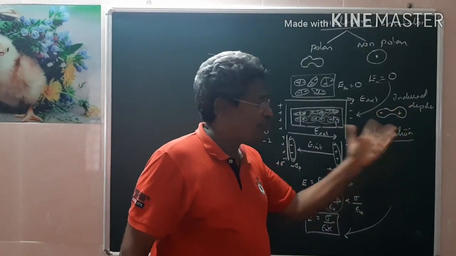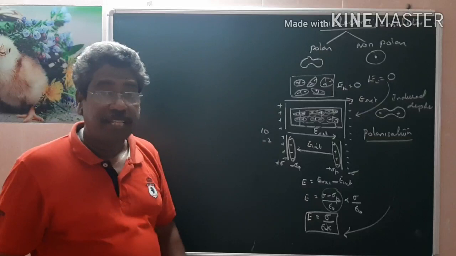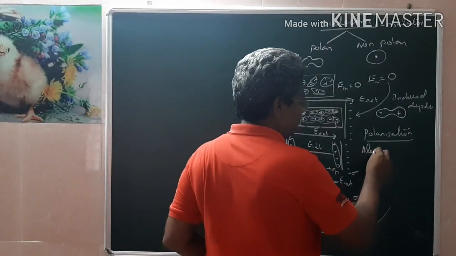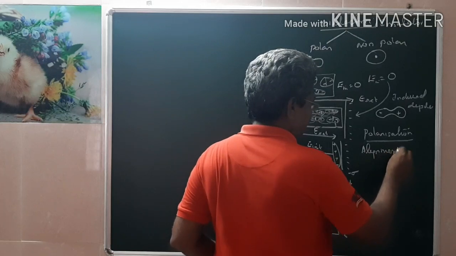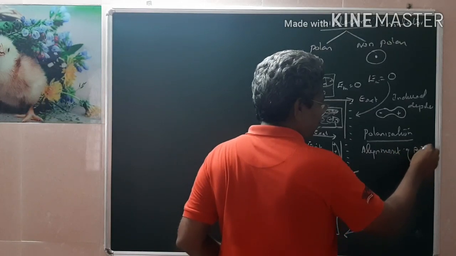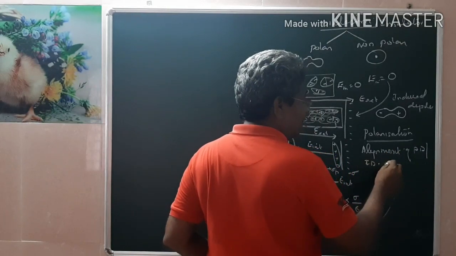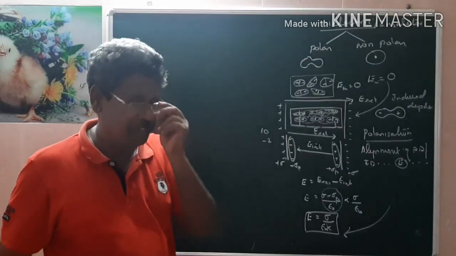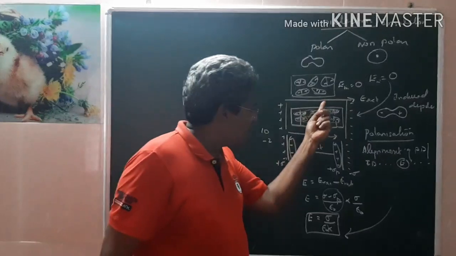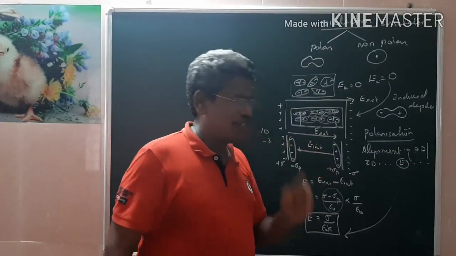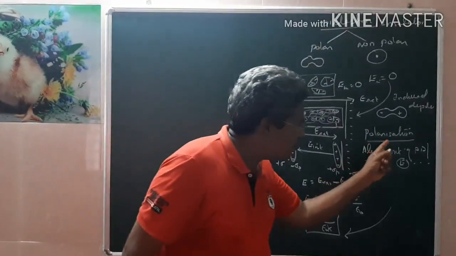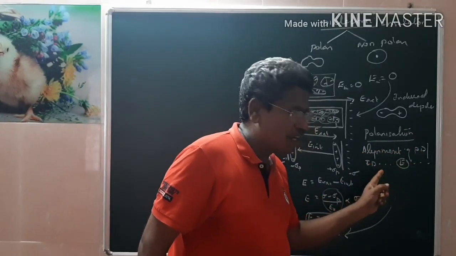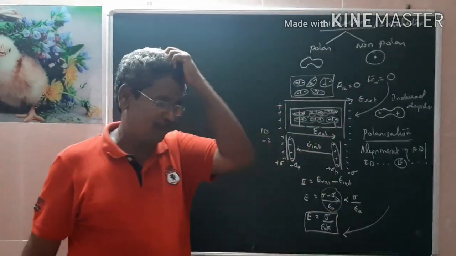Again I am repeating, polarization is nothing but the alignment of permanent dipoles or induced dipoles in the direction of the electric field. Now the question arises: the external electric field and the internal electric field are always opposite, but in the definition I am saying that the dipoles are aligned in the direction of the electric field.